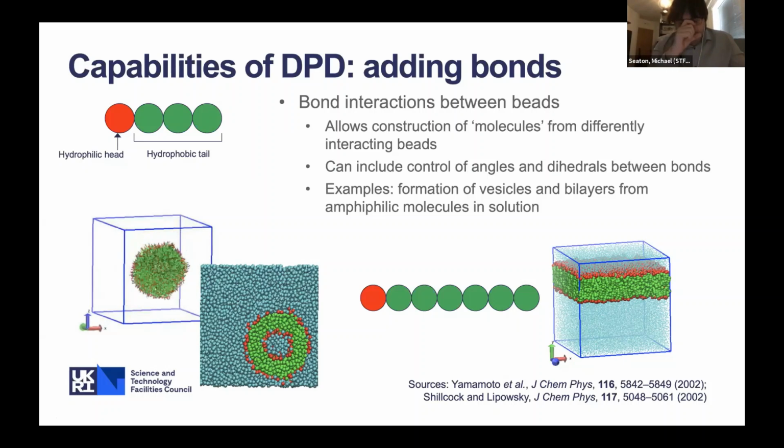And the other simulation I've shown here, which is not a video, is where we've extended the amphiphilic molecule to give us effectively a lipid, and we can also control the angles between the bonds here, and that ultimately can give us a lipid bilayer, as you can see in the diagram on the right.